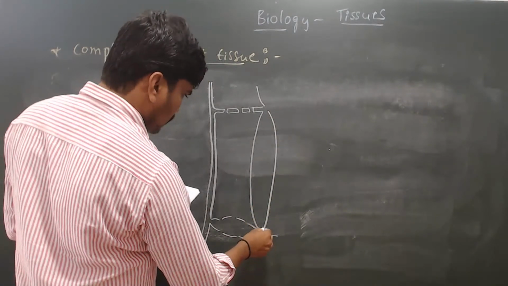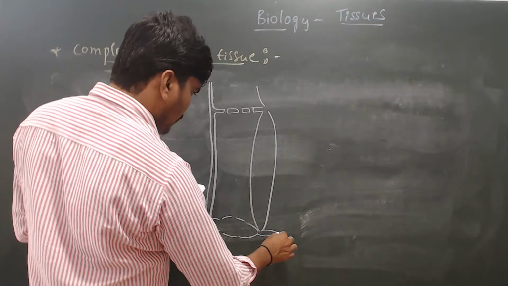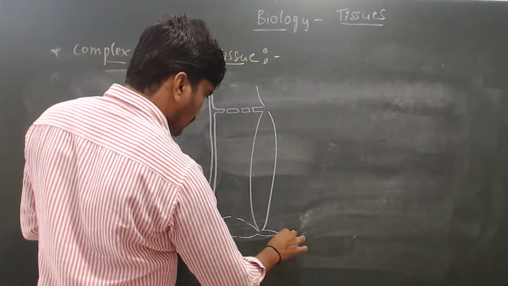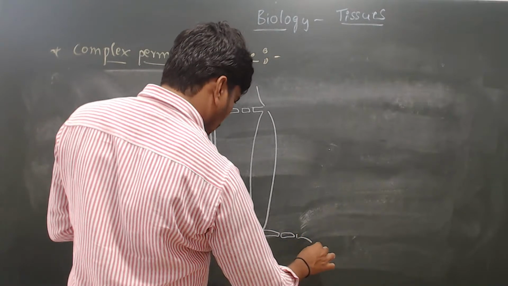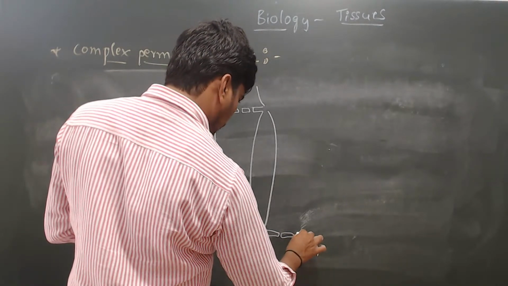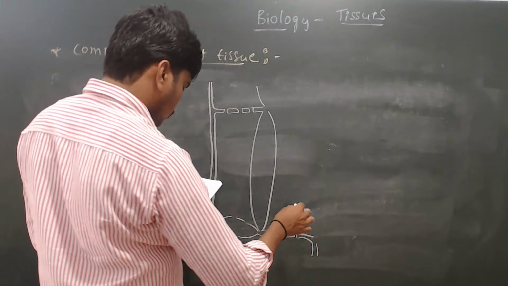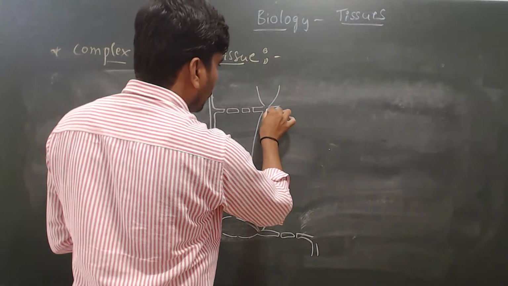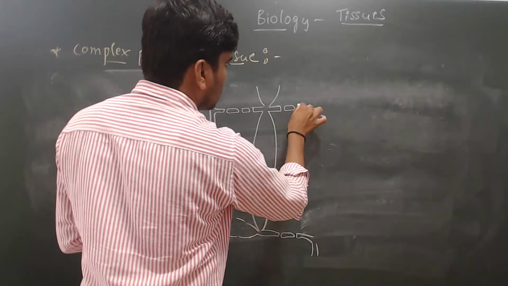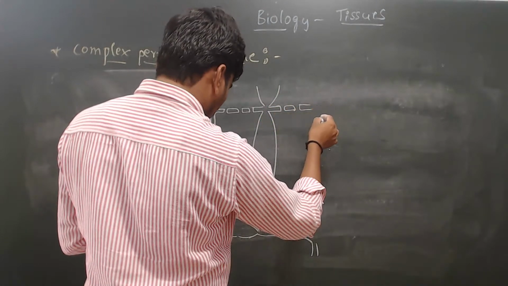This is the structure of a section of a phloem. Very easy diagram that you can practice at home also.